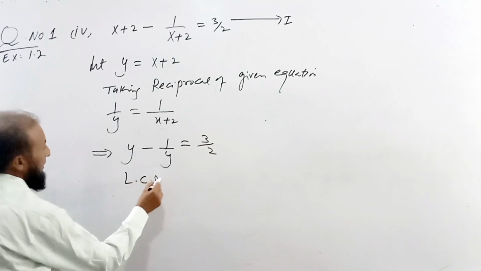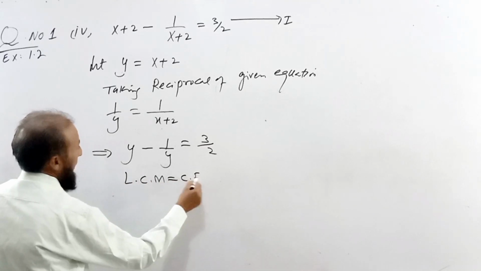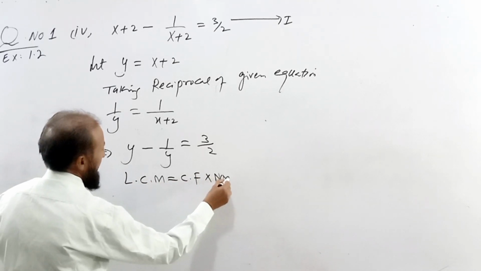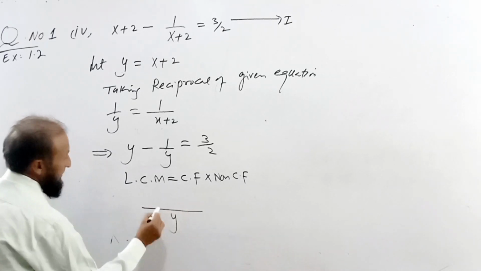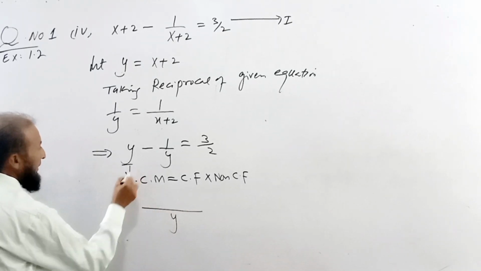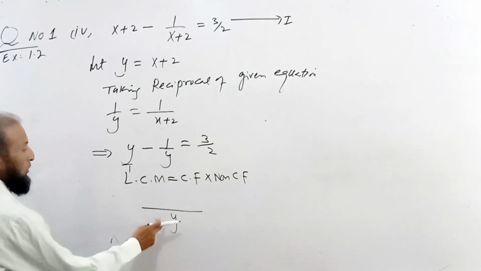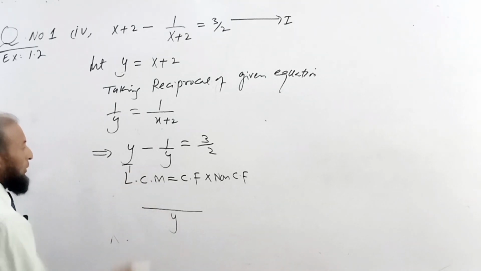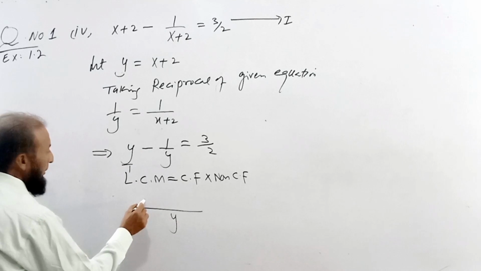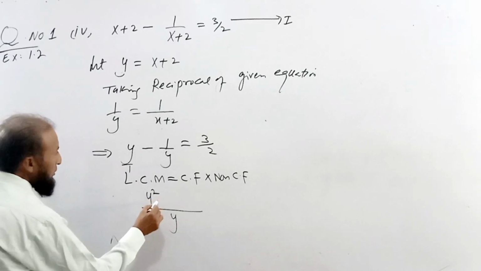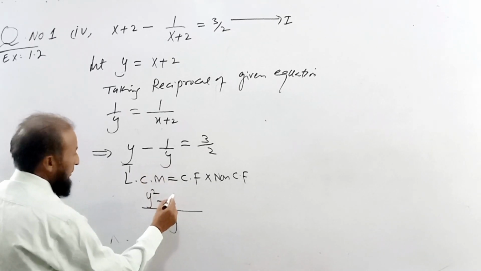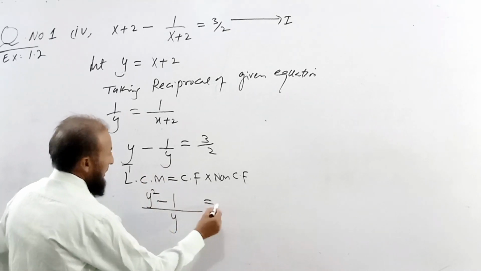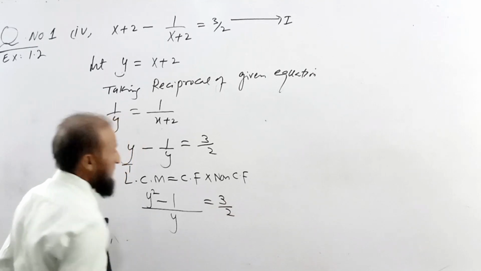LCM means common factor multiply by non-common factor. Here y is LCM. Here in the denominator is 1. So y divided by 1 we get y. y is multiplied to numerator. So y square. y divided by y, so we get 1. 1 is multiplied numerator 1. Similarly here we can write the same 3 by 2.